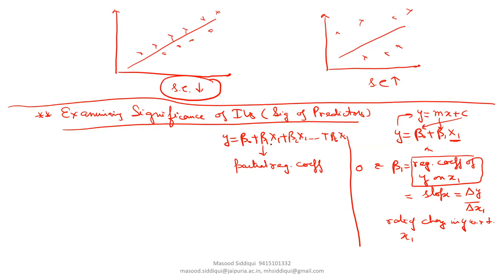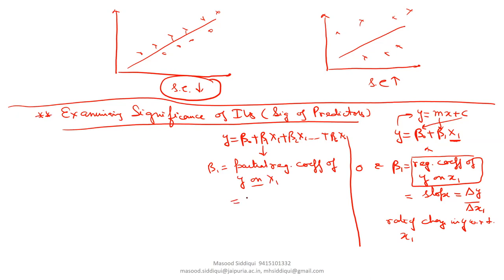But when explaining the beta 1 part, we have other variables apart from x1, like x2, x3, x4, x6 also. So this is known as the partial regression coefficient of y on x1.